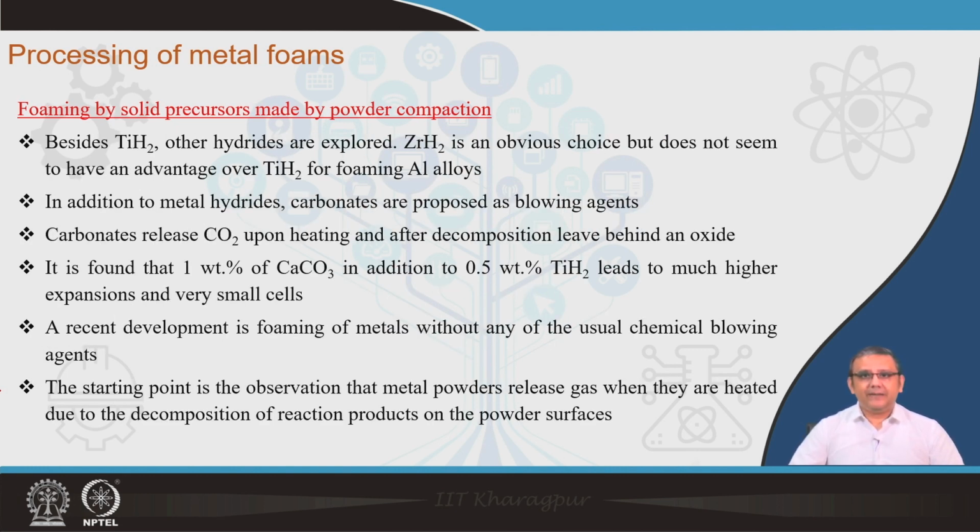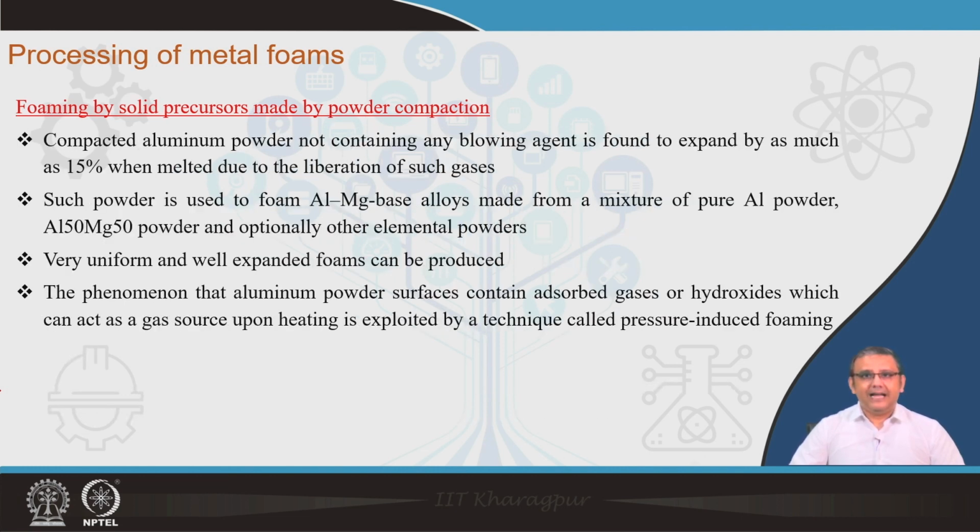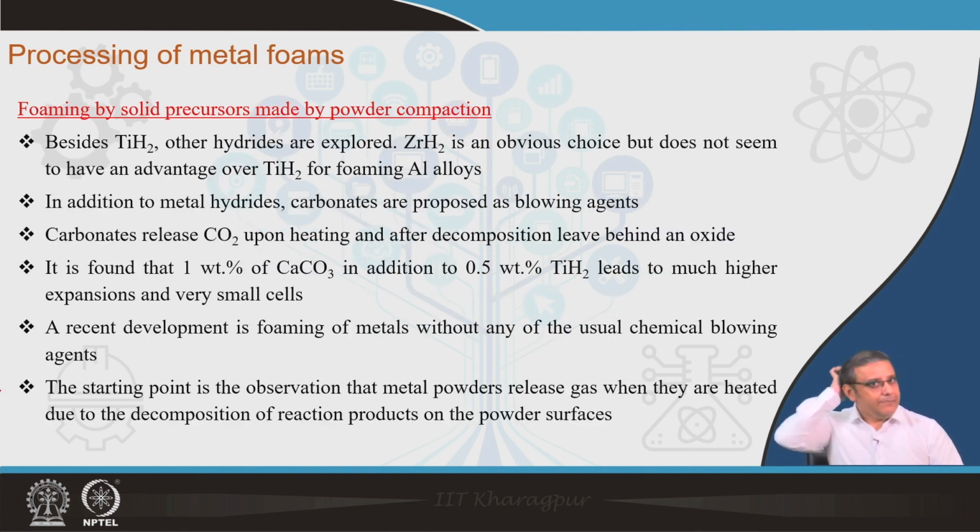There is also another process that has been quite a new development. All these metal powders have some dissolved gases on the surface, and when these powders are heated to high temperature, these dissolved gases or surface coatings release the gases, and if these gases can be entrapped inside the foam, then we can automatically obtain a high amount of porosity without using any foaming agent at all.